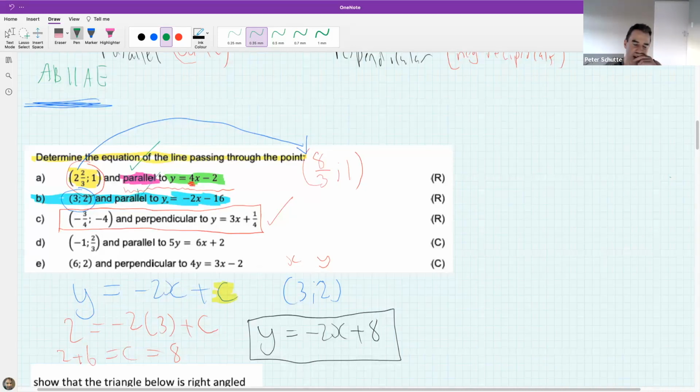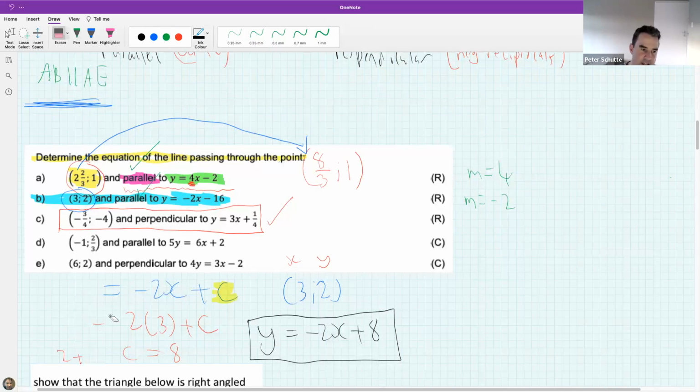If I know that a line is parallel to another one, it's secretly telling me the gradient. They're saying, look, here's the gradient of the line you want. It's -2 in that one, and it's 4 in this one. Use that as you go on your journey to find the equation. If you look at the original part of the question, determine the equation of the line passing through the points, and each question has its own new point.